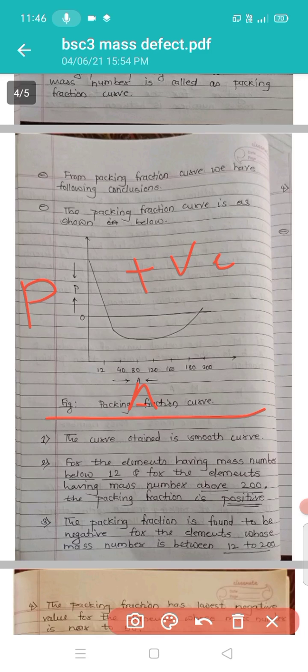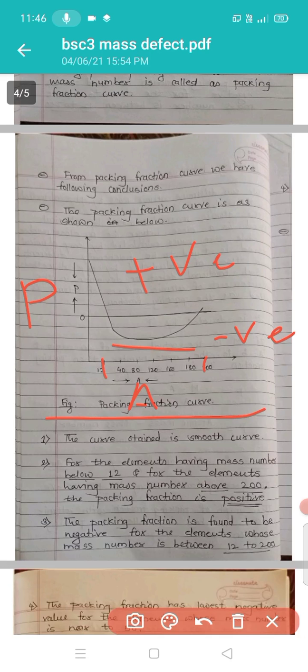The packing fraction is found to be negative in between, for elements with mass number 12 to 200.